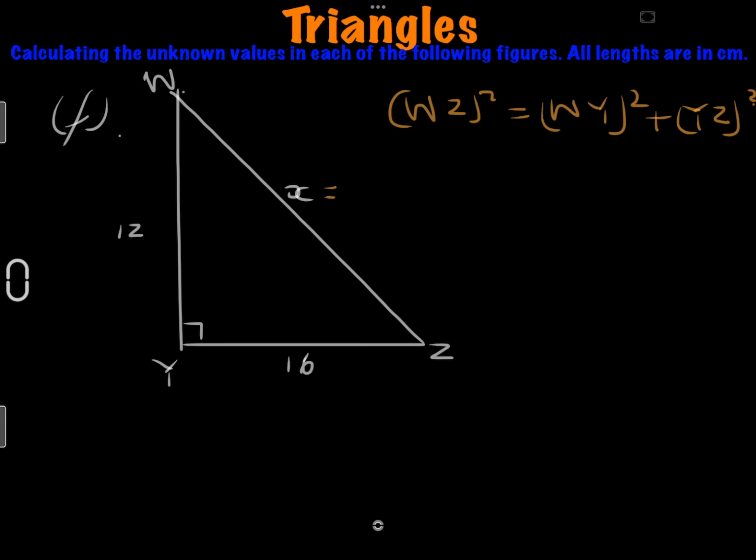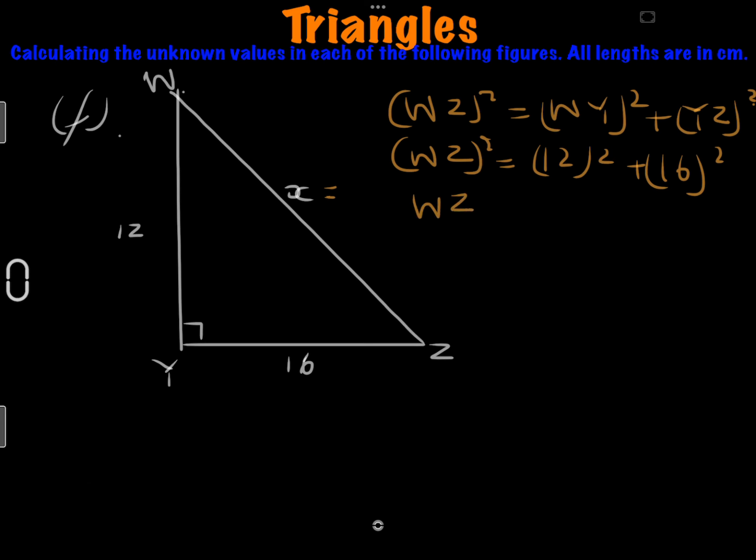Okay, so we don't know what this side is, so we're going to have it as the subject of the formula. By substitution we have side WY, 12 squared, plus side YZ, in this case 16 squared.